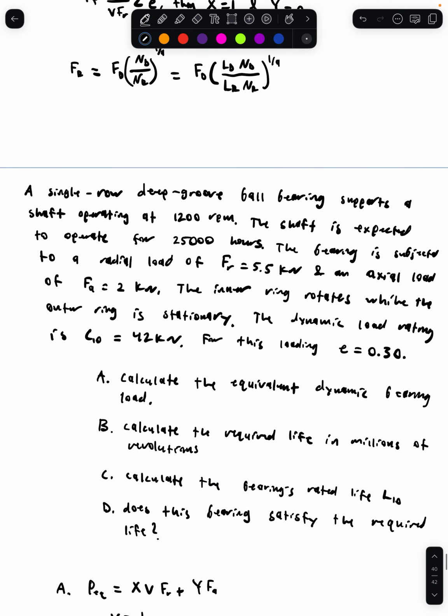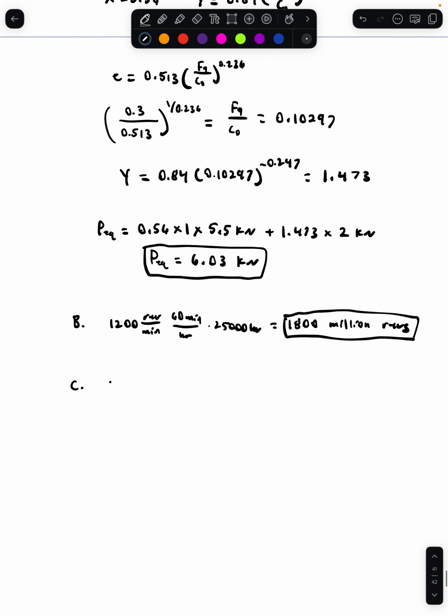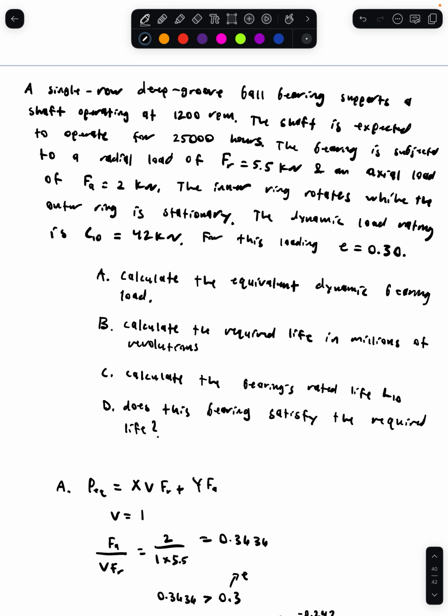So now we're going to calculate the rated life. That's going to be using this equation right here. So C equals P times L to the 1 over a. And we're trying to solve for this L here. So if we rearrange this, we'll have L equals C over P to the a. So this C was given to us. That was the 42 kilonewtons.